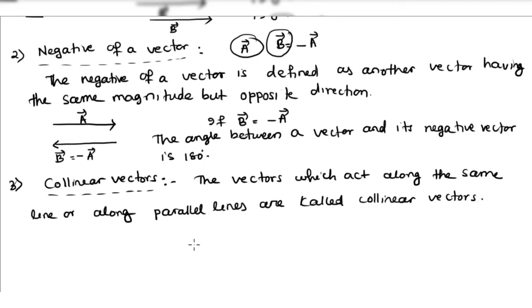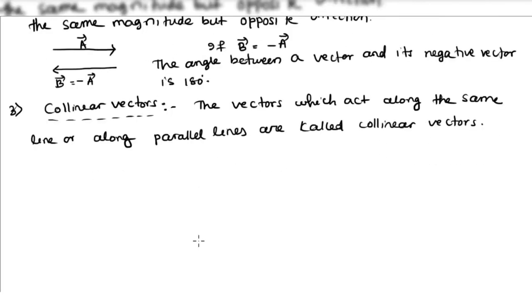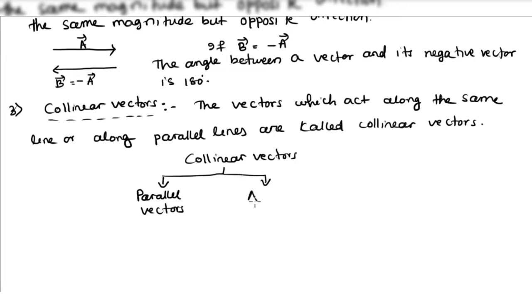And this collinear vector is of two types. The collinear vectors can be classified into two categories. The first one is parallel vectors, and the second one is anti-parallel vectors.